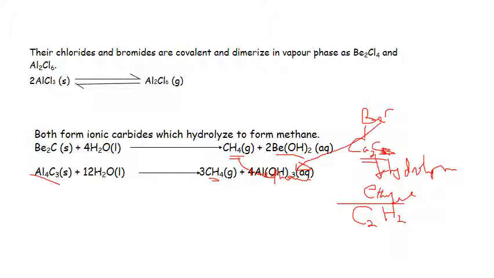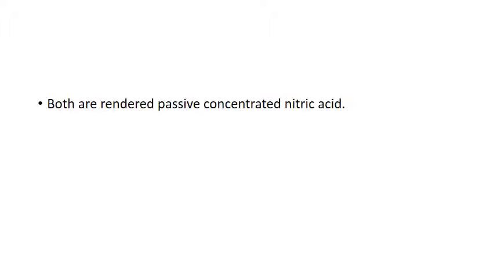So that's the case for every single thing. I don't want to waste time on this because I am very sure you can see what I'm trying to mean. We know very well that both are rendered passive by concentrated nitric acid, though the dilute can somehow react. And you know the reason is because of formation of an impenetrable oxide layer. Both form stable fluorocomplexes, like one of those that I've just given there.